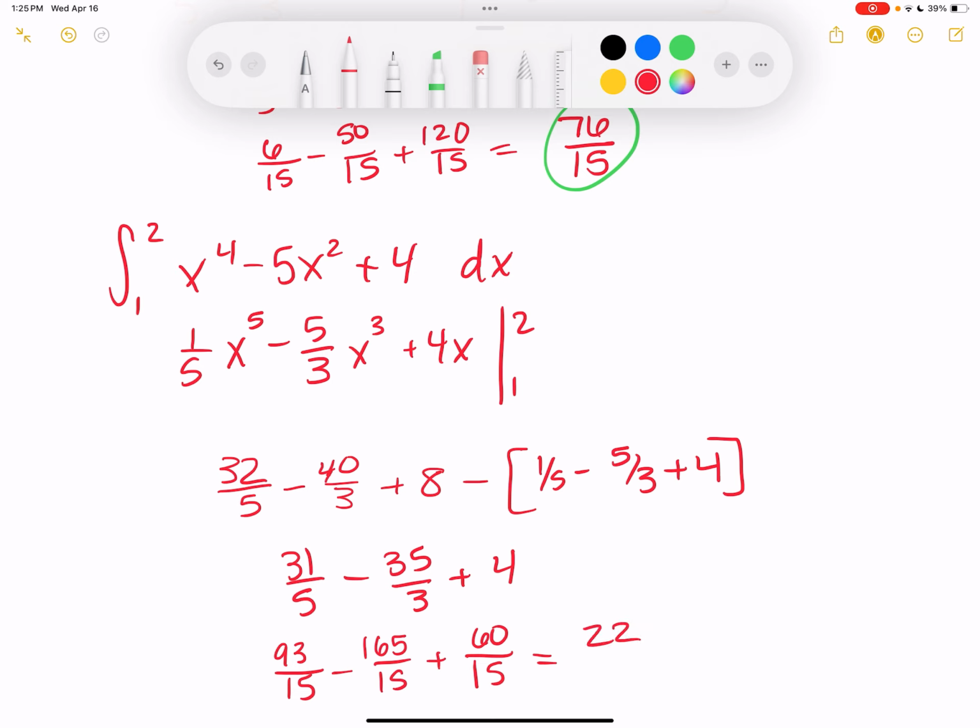I think this ends up being 22 over 15. And I would need to multiply that by 2.